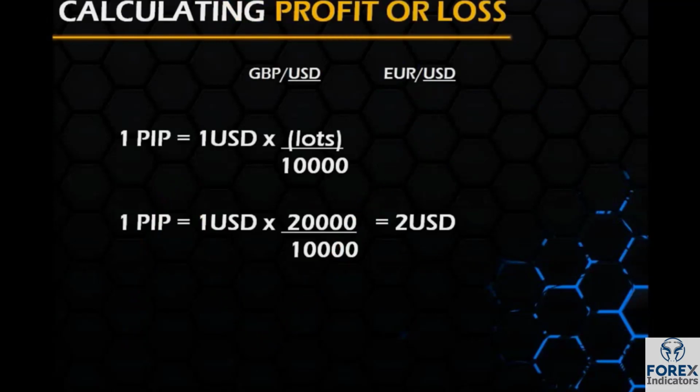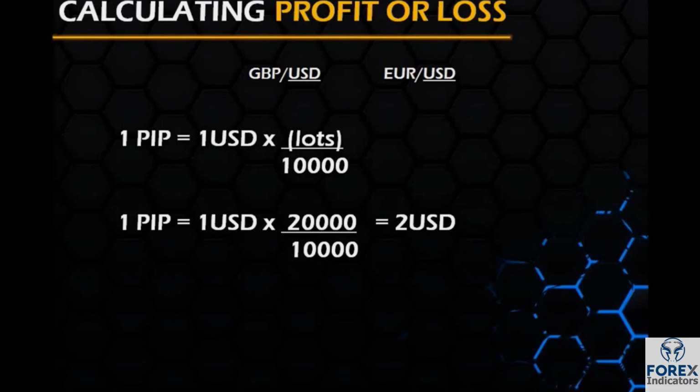Alright guys, we're going to use examples like the GBP USD. With US dollar pairs, a mini lot of 10,000 equals $1 per pip. If you just stick with me here, it's good to know this information on calculating profit or loss. But usually most brokers and platforms, like the MT4 platform, automatically tell you as a trade is happening how much you are in profit or not.